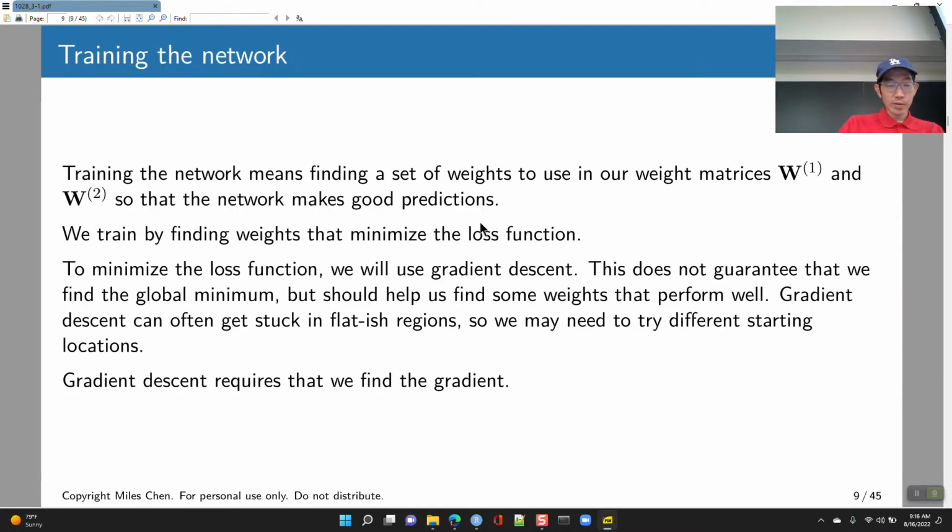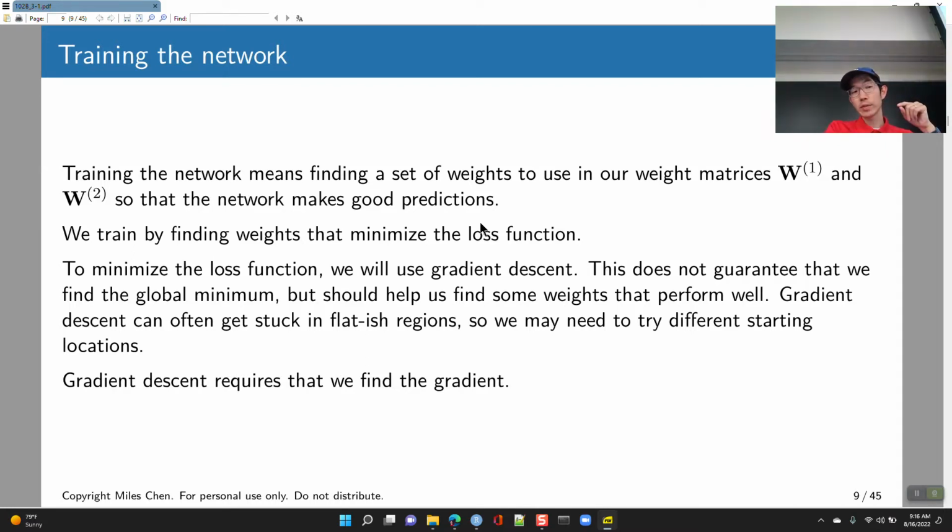So as far as training the network goes, we need to find the set of W1 and W2, those weights, that will minimize the sum of squared errors. To do this, we are going to use gradient descent. The idea with gradient descent is we figure out the gradient and we just take steps downhill.